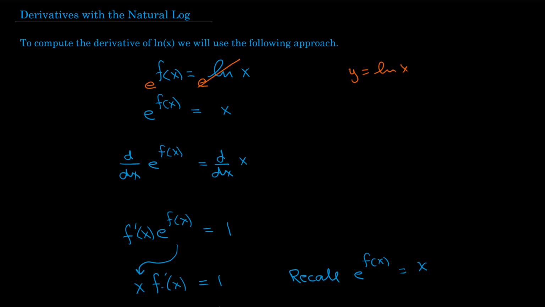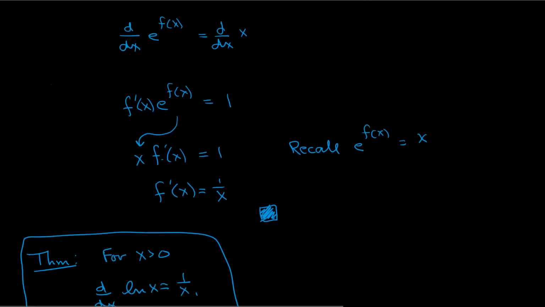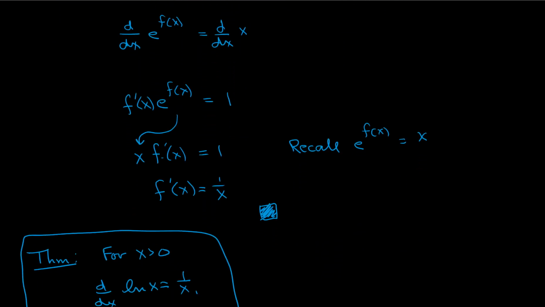Keep in mind that could also be written as e to the y equals x, because f of x is just a fancy way to say y. Now that we have this new equation, if we take the derivative of each side, on the right-hand side, the derivative of x is going to give us 1.